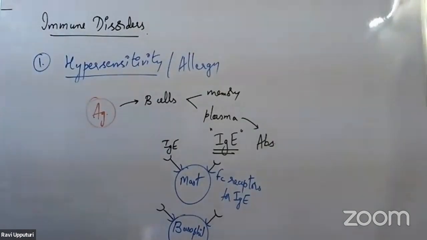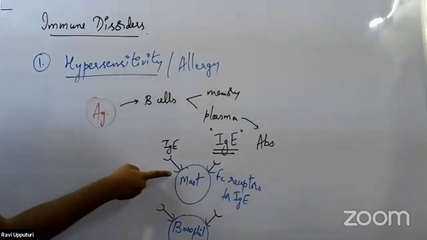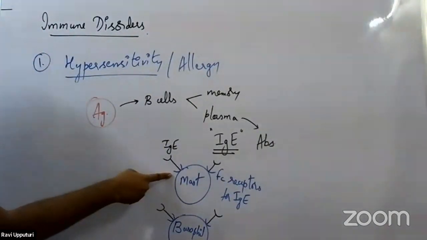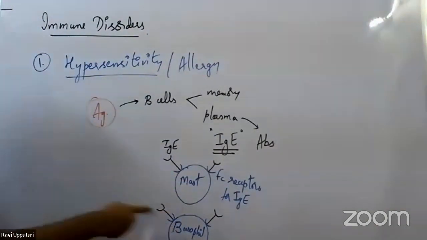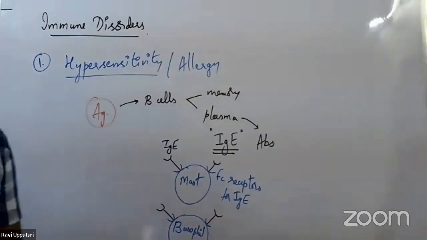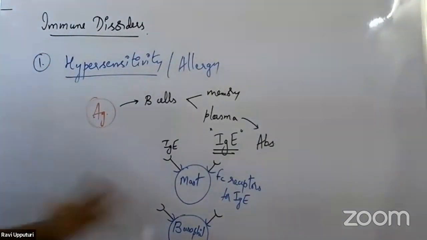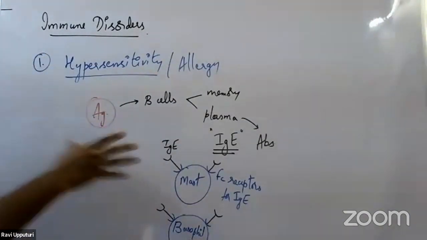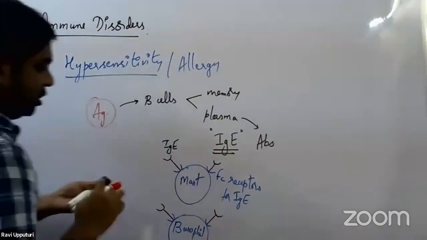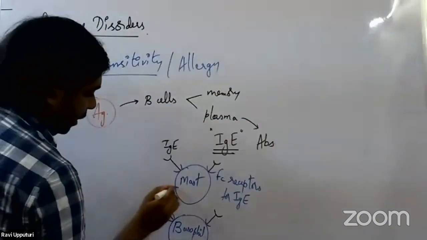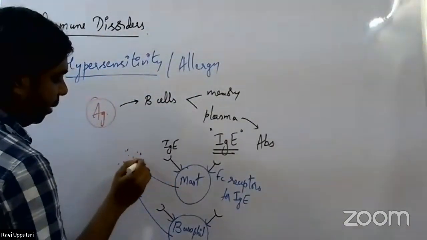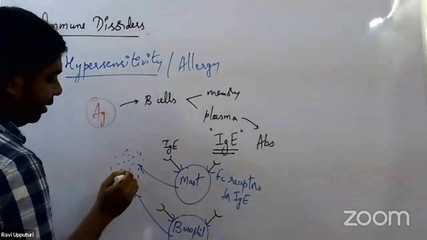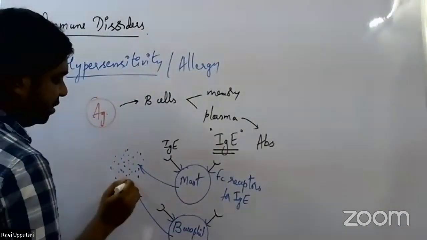Once the IgE antibody binds to the Fc receptors on the basophils and mast cells, these cells will now undergo the process of activation. Once they undergo activation, they would start releasing certain chemical substances. What are the chemical substances released by basophils and mast cells?